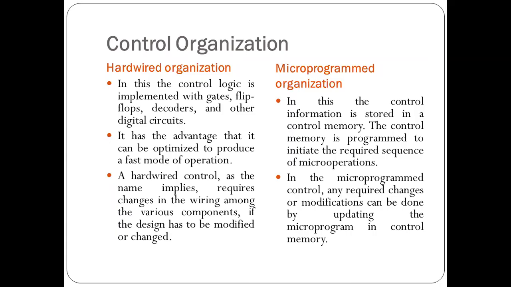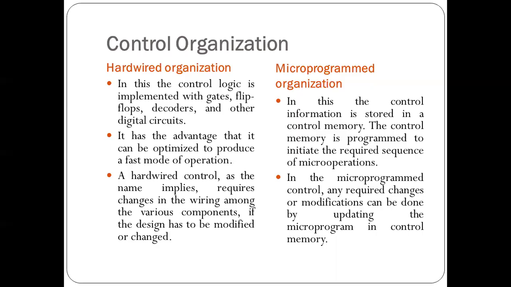In microprogrammed control, if you want to make any changes or modifications, since it is a program, you can simply change the program. Updating the microprogram in the control memory is sufficient for making any changes.